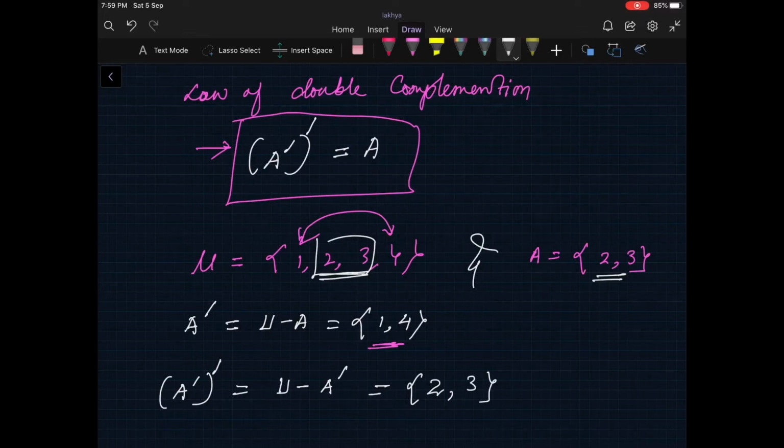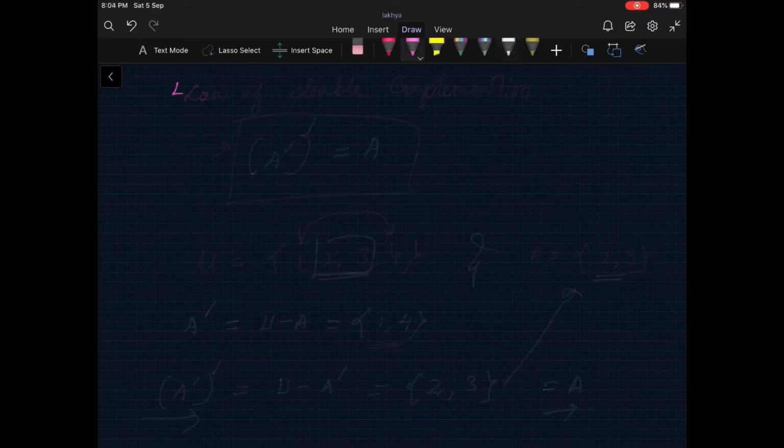Okay, which is equal to the set A. So that's how we can show complement of A complement is nothing but A.